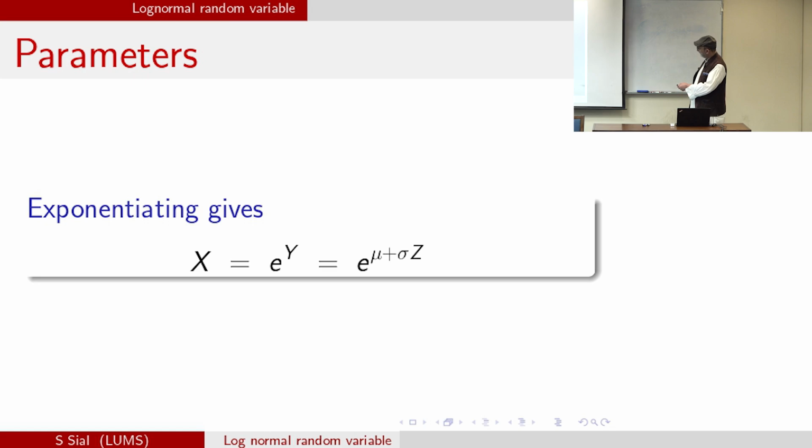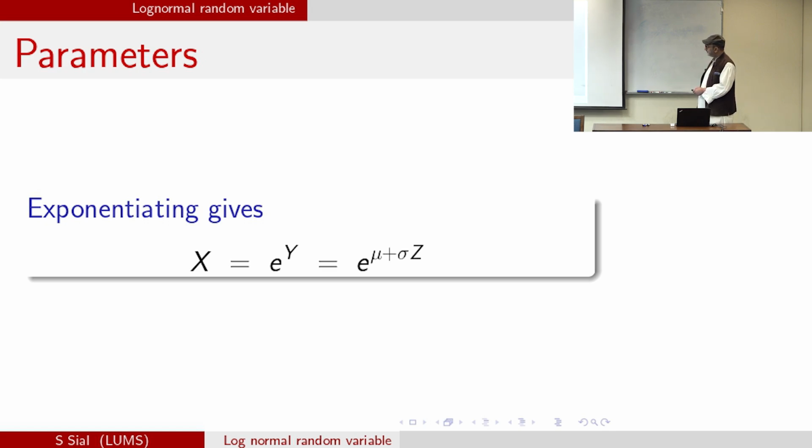So if you give me mu and sigma, that defines exactly what this log normal random variable is. Z is your standard normal, so that this is taking values underneath the bell curve according to the PDF for the standard normal.